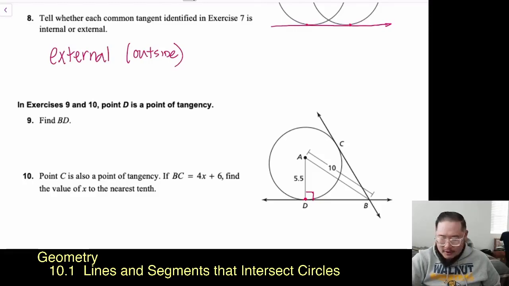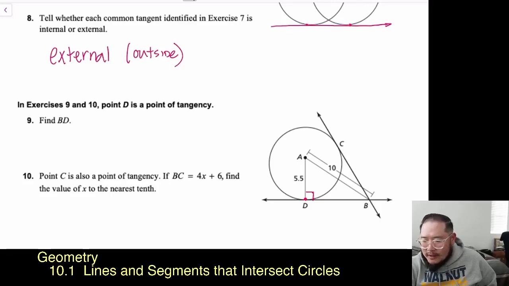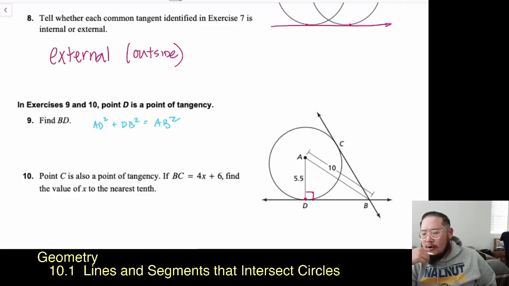All right. So let's put it all together. I could say AD squared plus DB squared is equal to AB squared. So we've got ourselves our Pythagorean theorem. We'll put things in. We've got A to D is 5.5 squared, plus D to B. I'll go ahead and put x for that right now. It makes it a little bit easier for us.